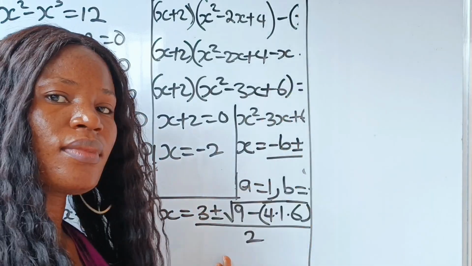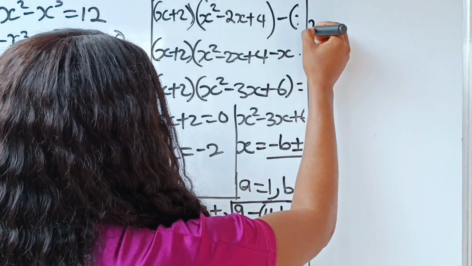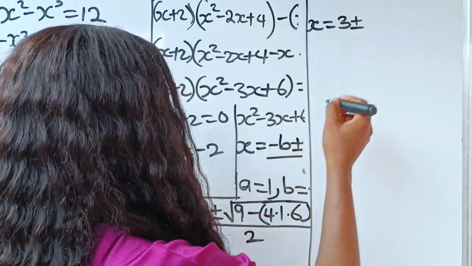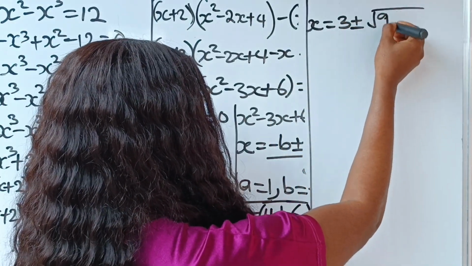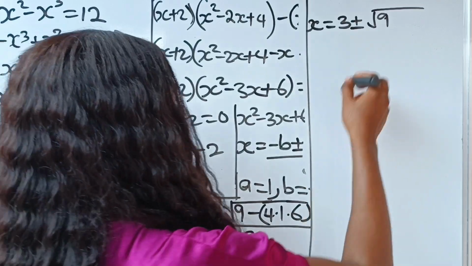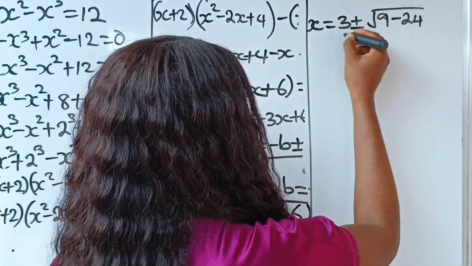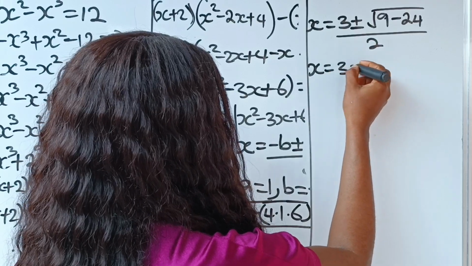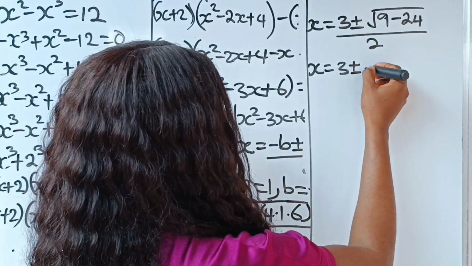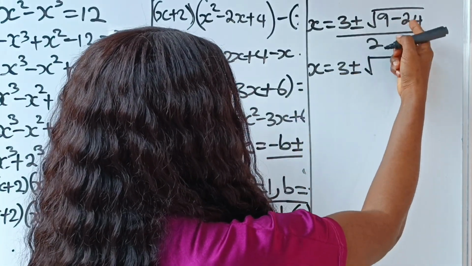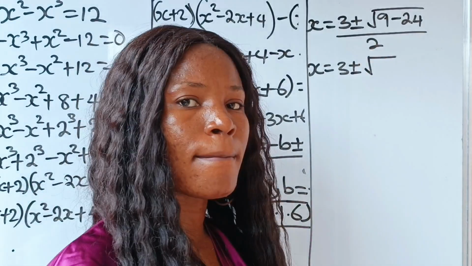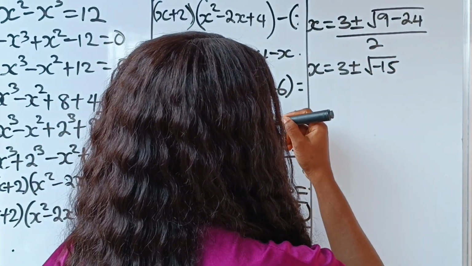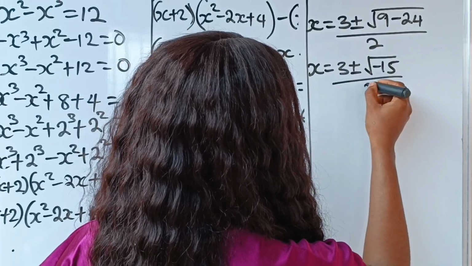Now we continue. Now our x is equal to 3 plus or minus the square root of 9, then 4 times 6 will give us 24, divided by 2. So we have x is equal to 3 plus or minus the square root of 9 minus 24, which will give us minus 15, divided by 2.